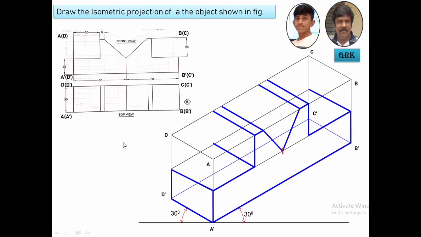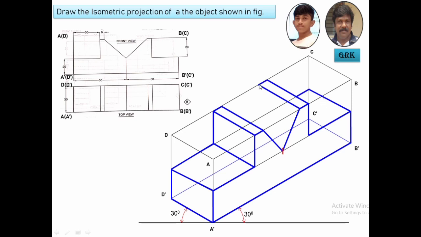You can measure this length, or there's no need to measure any length. You can directly join from here to here, and all these corners could be joined. And now I can join it like this, or I can stop at this stage, complete this. Yes.